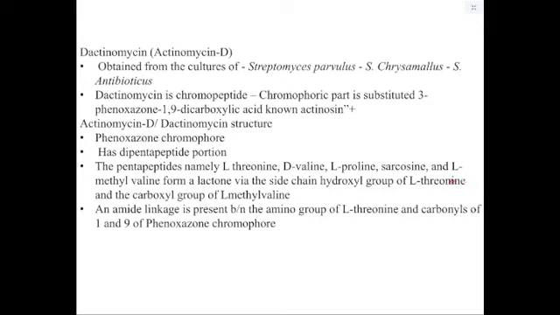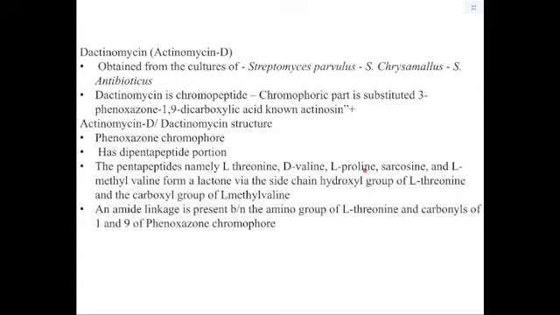We are saying that also the L-methylvaline forms a lactone. We have shown you the lactone formed by the side chain hydroxyl group of L-threonine and the carboxyl group of L-methylvaline. Again, remember, all these amino acids will have an amino group and a carboxyl group. And those amino groups and carboxyl groups are the ones that come together to form the peptide bond. But there's also this lactone which is formed via the side chain hydroxyl group of L-threonine.